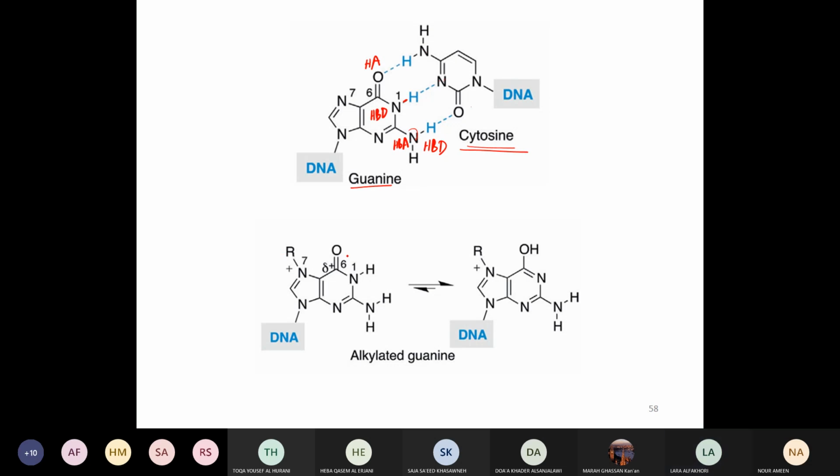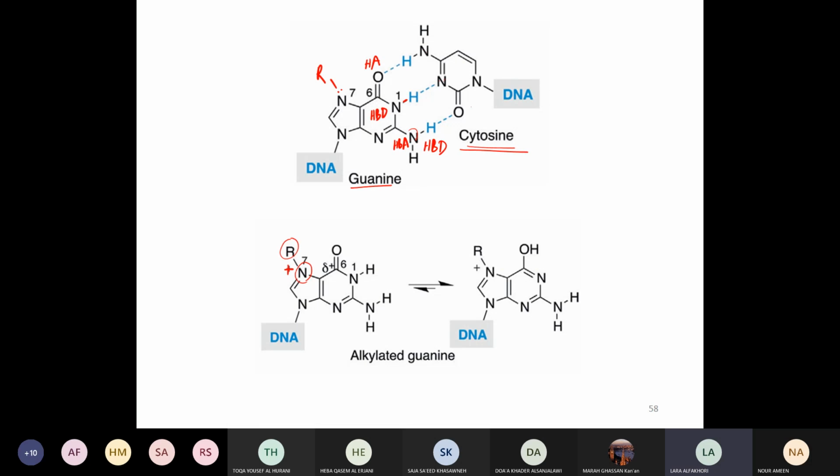Now, when you alkylate guanine, so this is guanine, and let's assume that I have alkylation on nitrogen number 7. That's the alkylating agent. If it is alkylated, it is as if it lost its lone pair of electrons, and now it's sharing them with the alkylating agent, and thus it will have a permanent positive charge.